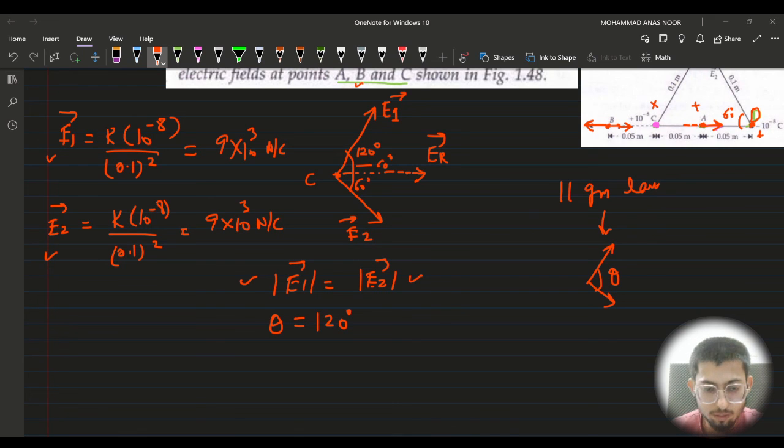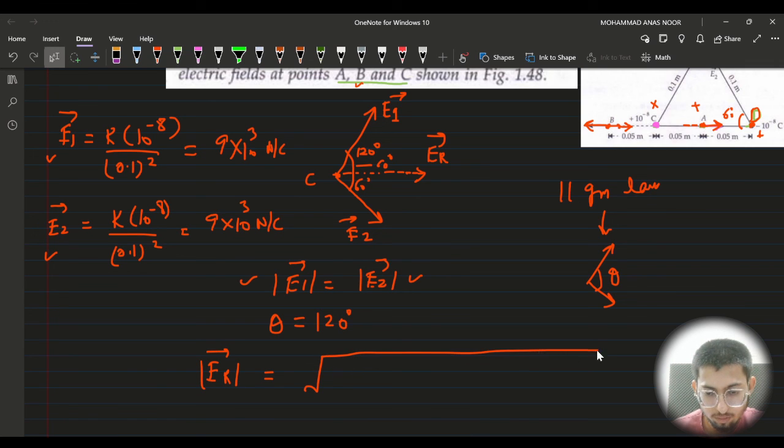So we now know the direction. Now can you find the resultant magnitude? ER magnitude would be equal to the square root of E1 square plus E2 square plus 2 E1 E2 cos theta.